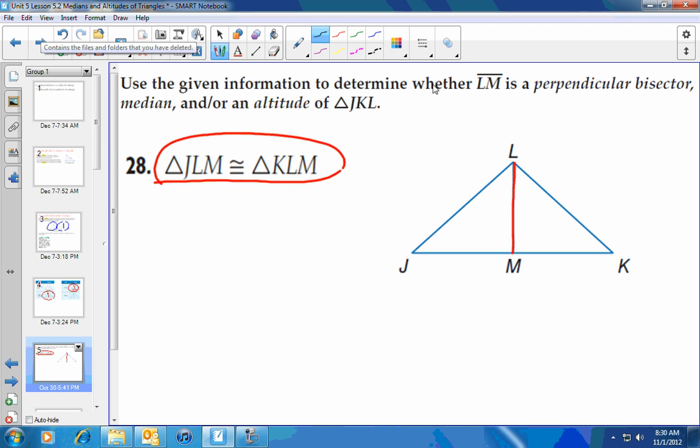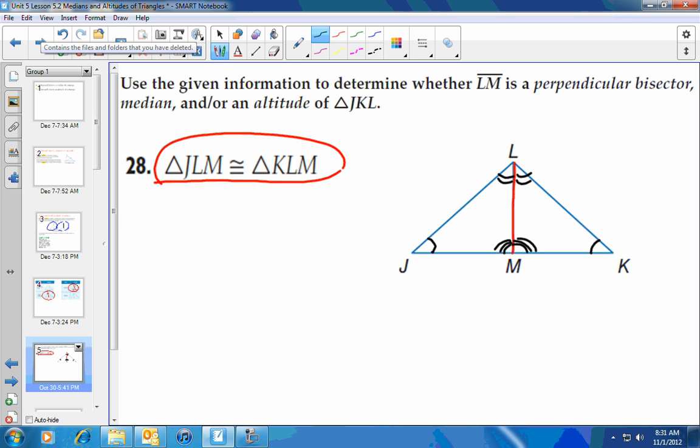Angle J of JLM is congruent to angle K from triangle KLM. Angle JLM is congruent to angle KLM, which means the angle M of the triangle on the left is congruent to the angle M of the triangle on the right.